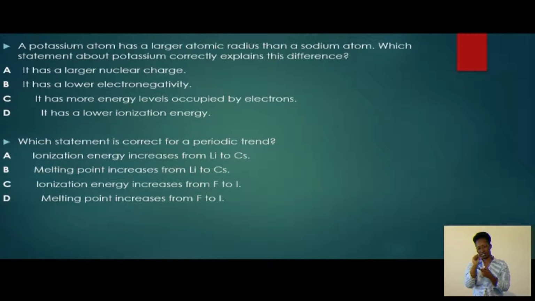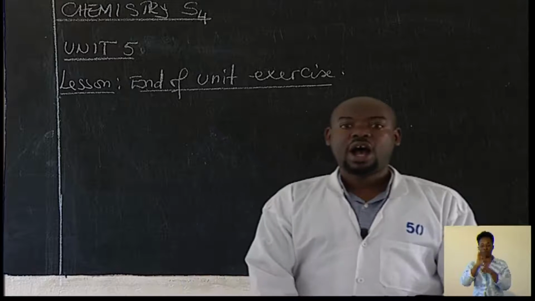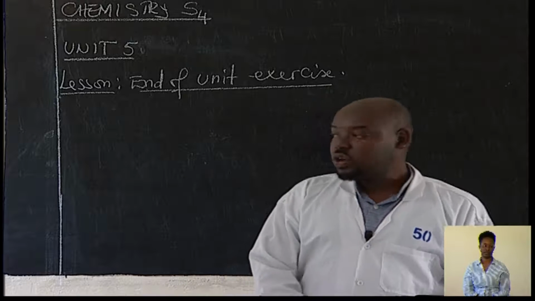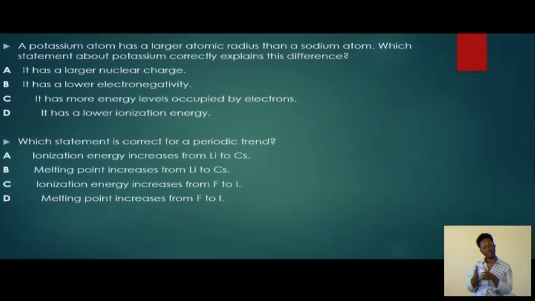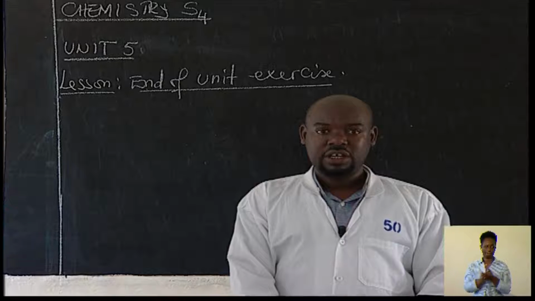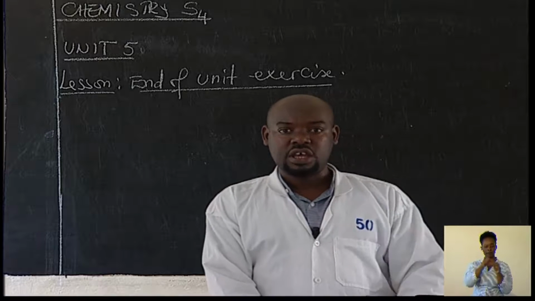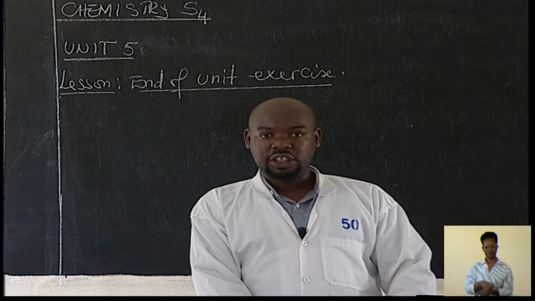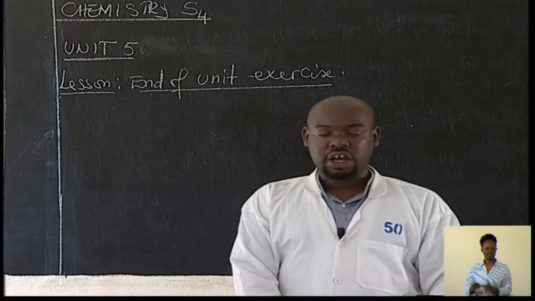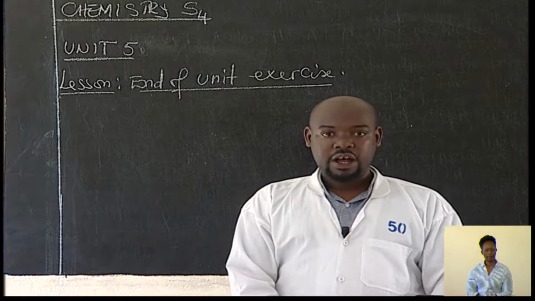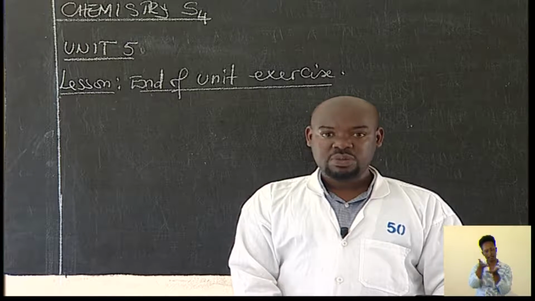C, ionization energy increases from fluorine to iodine. And D, melting point increases from fluorine to iodine. So which of these statements is correct for a periodic trend? You think about it, please, and you write the suggested answer down, and then we will discuss and analyze which statement is right.